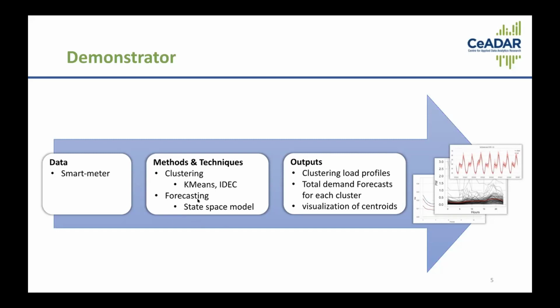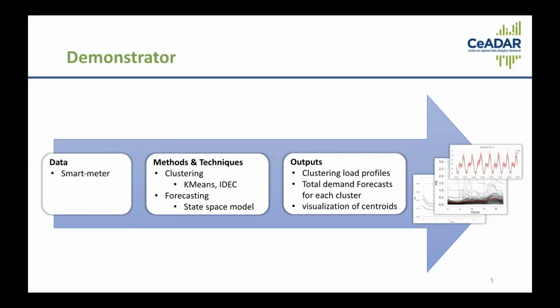And for the second part of the project, which was about forecasting the total demand, we have used a probabilistic machine learning model called state space model. The probabilistic aspect of this model produces a Gaussian probability distribution over the possible output as opposed to a single value. I will explain more about it when running the demonstrator.